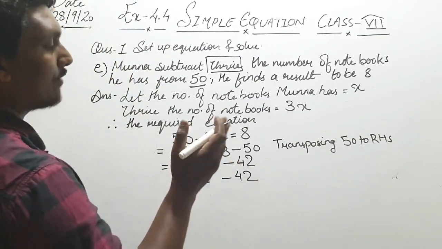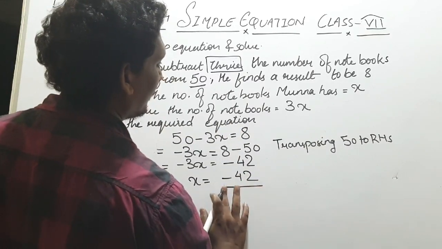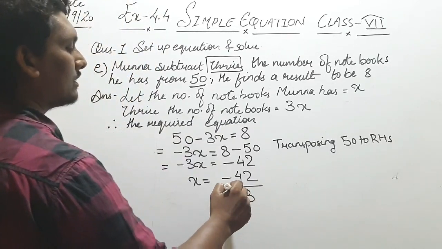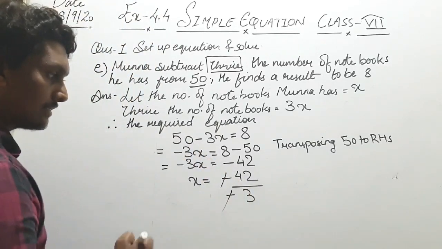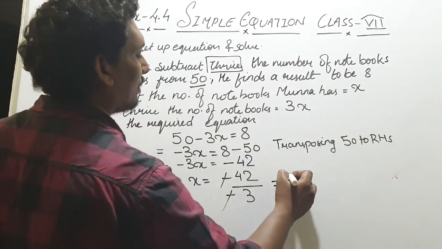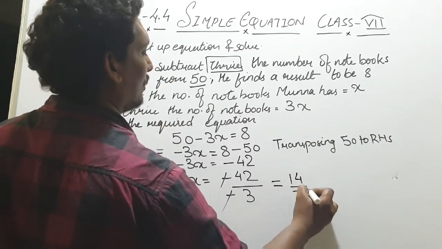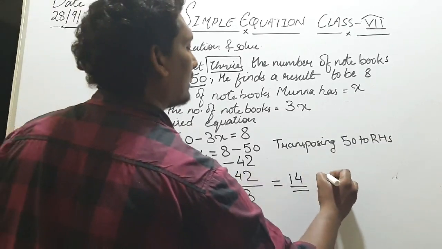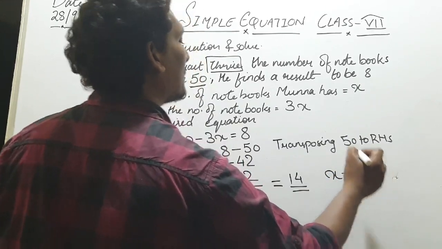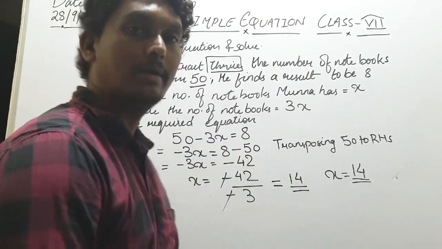It's a multiplication, so we have to do the division here, right? This negative sign gets cancelled. 3 1s are 3, 3 4s are 12. So the required x is equal to 14, is the number. Just go through it.